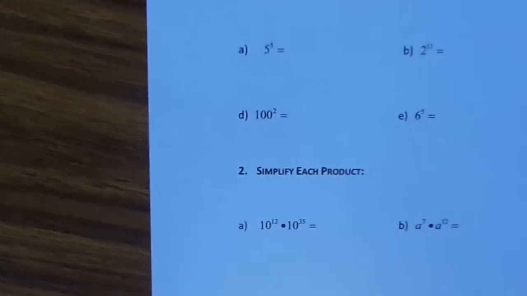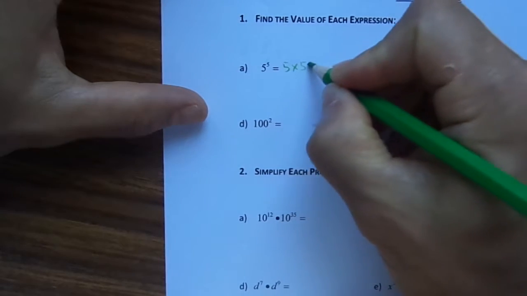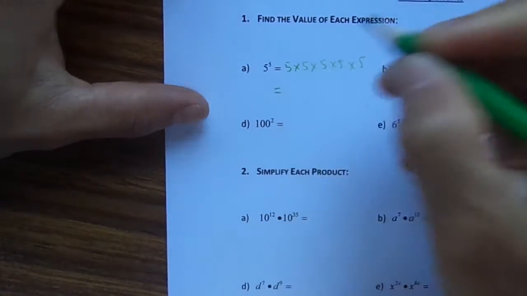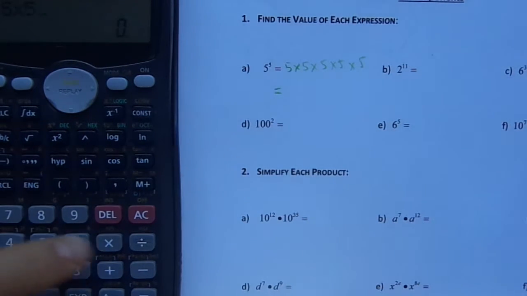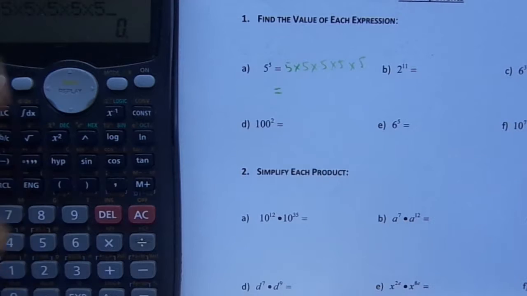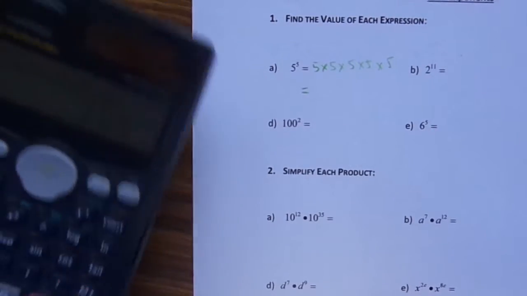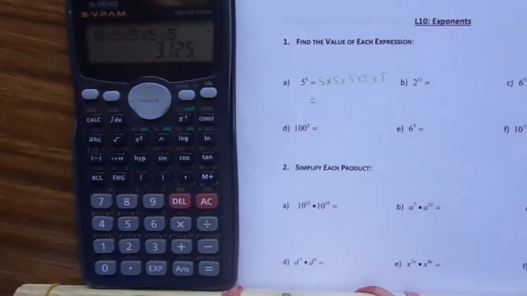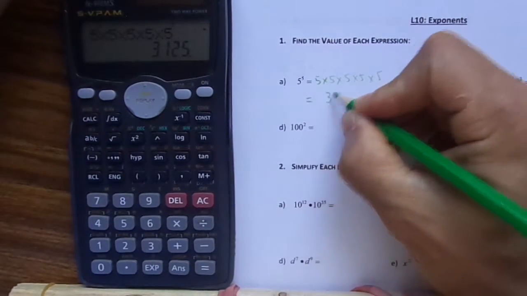So 5 to the exponent 5 would be 5 times 5 times 5 times 5 times 5. You type that in your calculator, 5 times 5 times 5 times 5 times 5, and you would get 3,125.